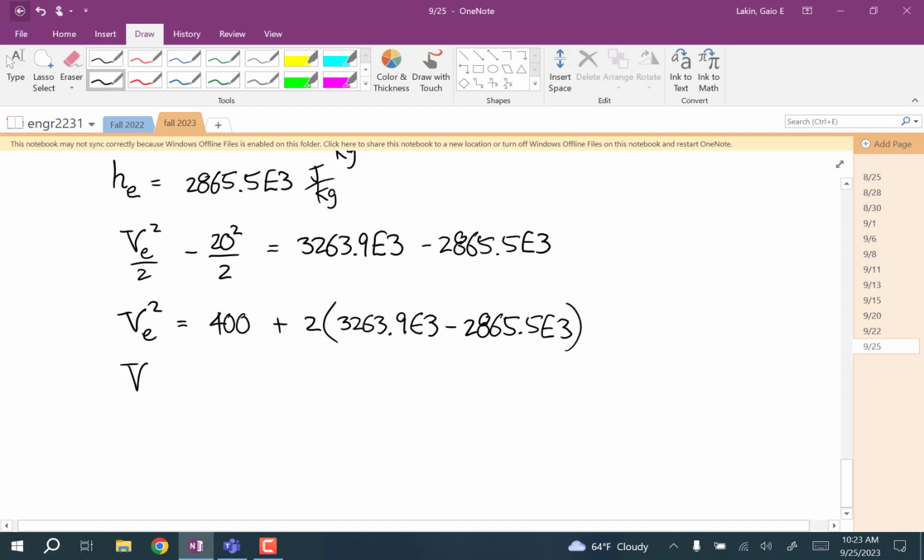Square root of both sides, and you get VE is equal to 892.9 meters per second. And don't put your hand in front of superheated steam at 892 meters per second.